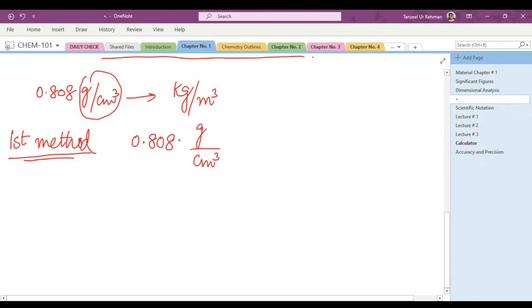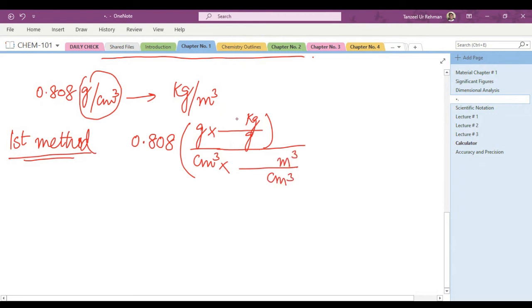Okay, how? Make brackets here, multiply, gram down and kilogram up. Now in the denominator, centimeter cube down and meter cube up.